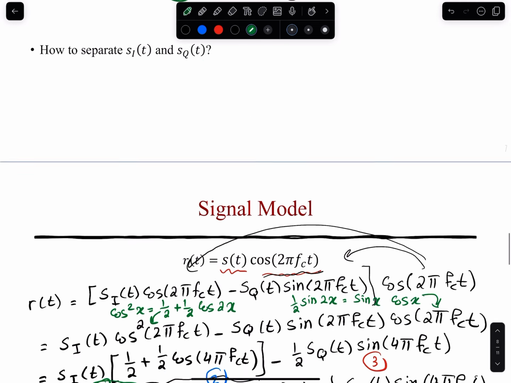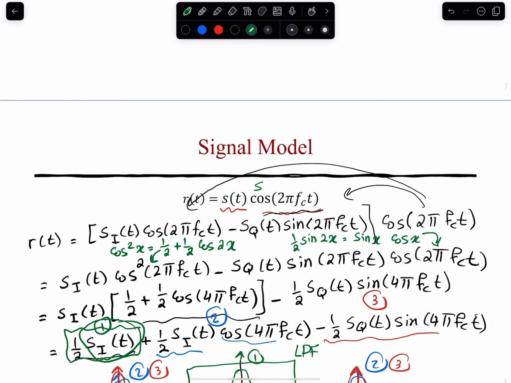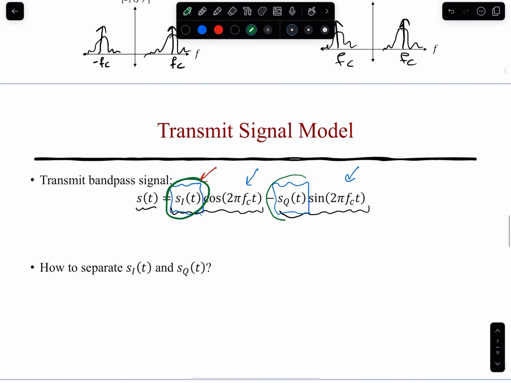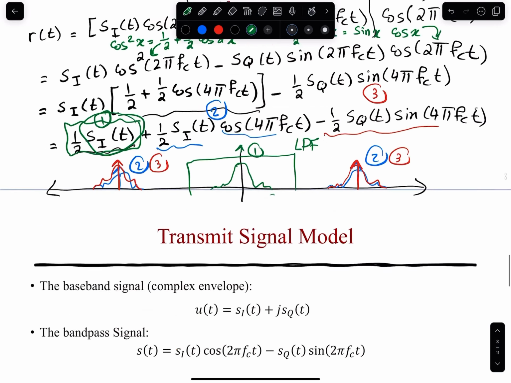And if we multiply this received signal by sine instead of cosine and apply similar analysis, we will be able to obtain the quadrature part of the signal. So this works. We're able to transmit the real and the imaginary part of this modulated signal.